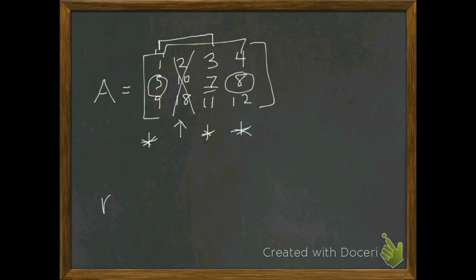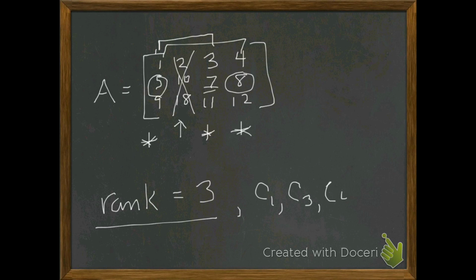So, guys, for this matrix, we can say that our rank is 3 because of column 1, column 3, and column 4. We don't throw the baby out with the bathwater just because this column right here is linearly dependent with column 2.